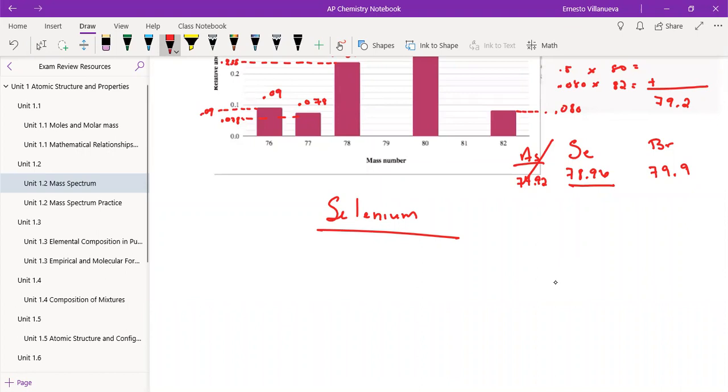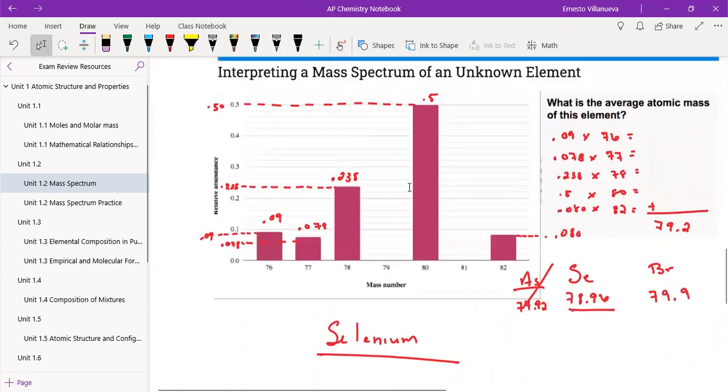So long as you're close enough, you should get the right answer. But the moral of the story is, in order to figure out what element this is, you should give yourself a pretty good chance by understanding how to calculate average atomic mass, which is just the abundance times the mass added together. All right. Let's go ahead and practice a little bit here.